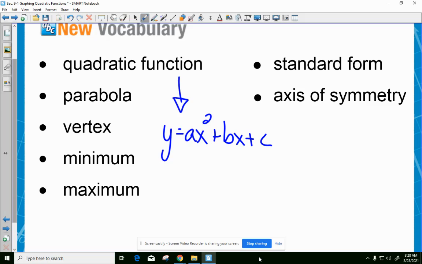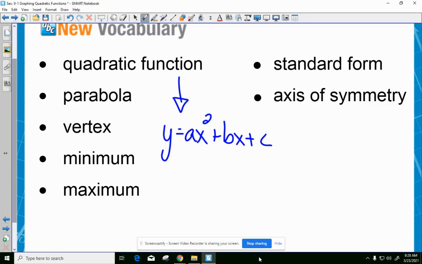Okay. Anything else on there? The parabola is simply the graph of that quadratic. We talked about how to find the vertex yesterday. James kind of hit on this idea of a min or a max. We all know what standard form is.